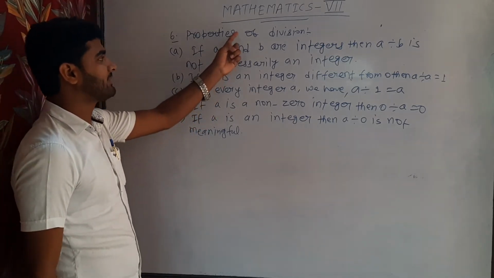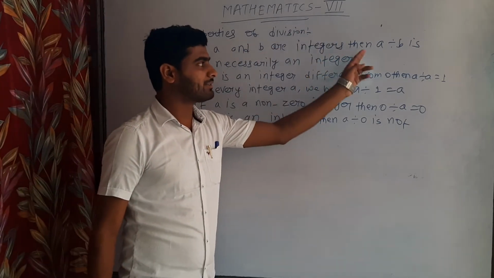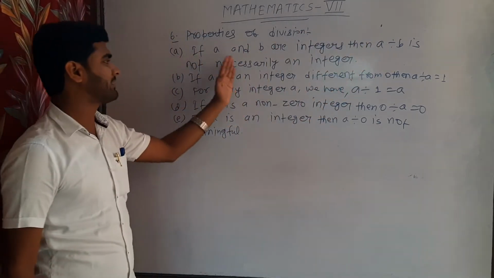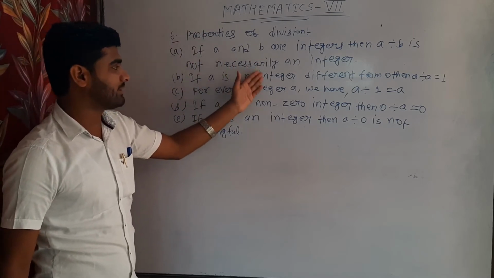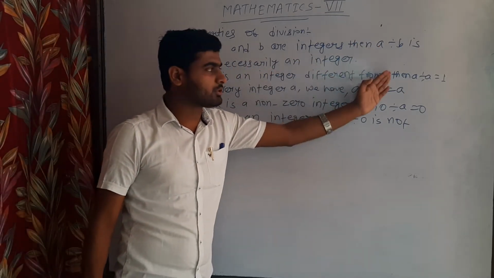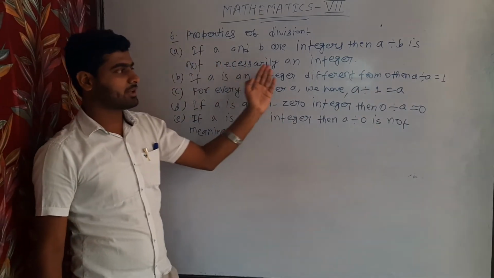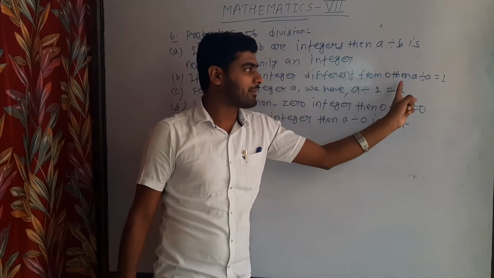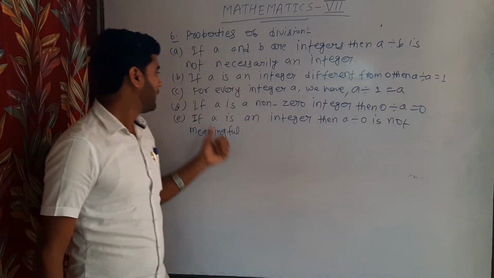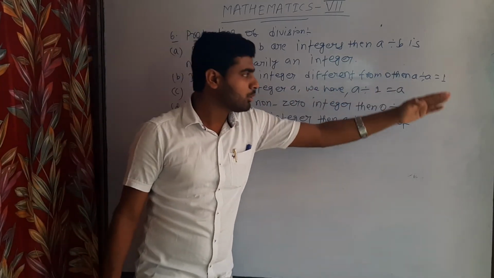Properties of division. First, if a and b are integers, then a divided by b is not necessarily an integer. Second, if a is an integer different from 0, then a divided by a is equal to 1. That means if you divide any integer by itself, then our result is 1. For every integer a, we have a divided by 1 is equal to a.